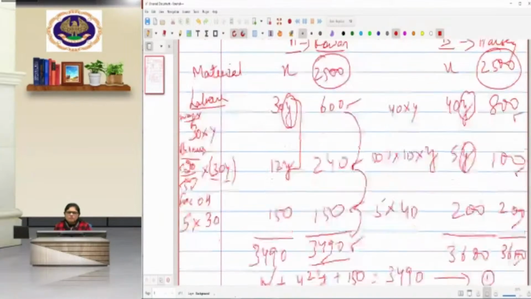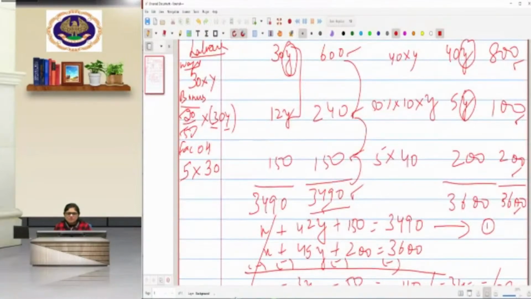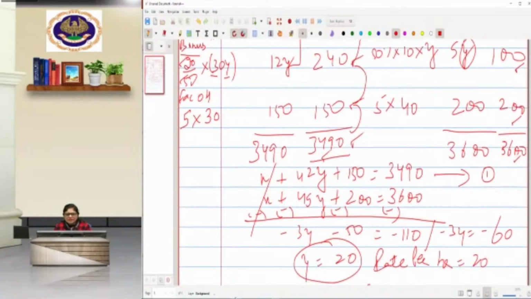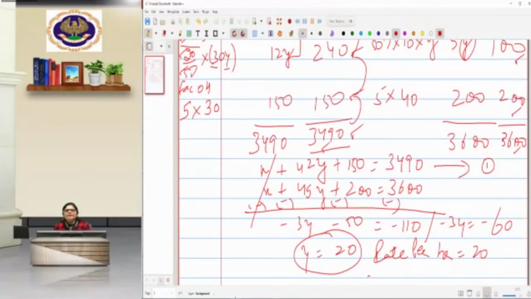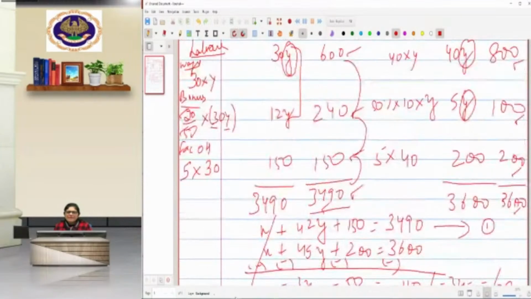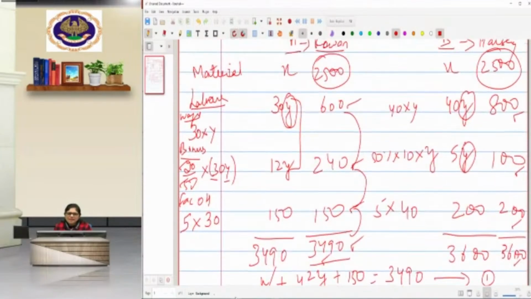Factory overheads was given to us. We framed the equation like this and we found out the rate per hour. Once we found out the rate per hour, we placed this rate in the equation again, in the format again, and we managed to calculate X also, 2500. So this is the completed format of the factory cost.